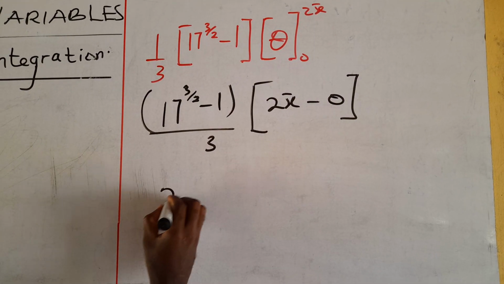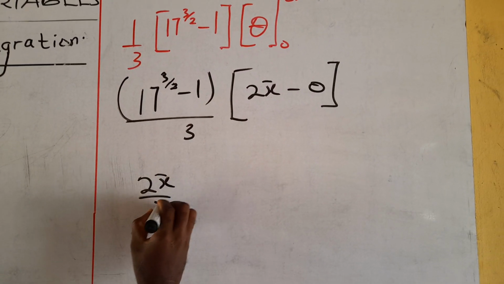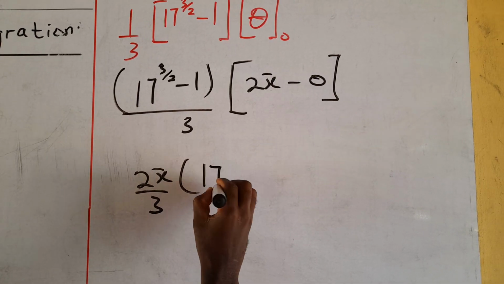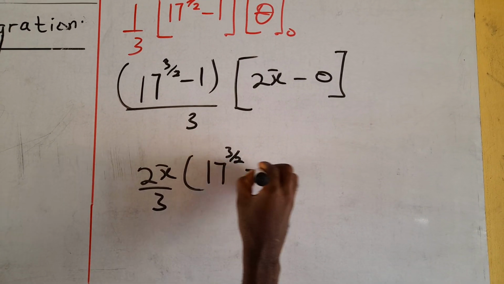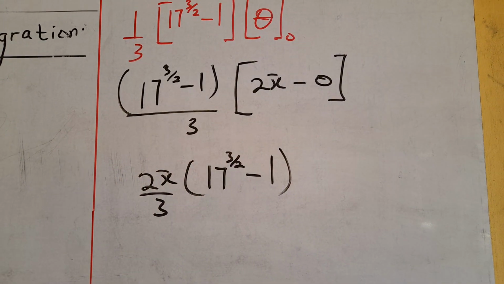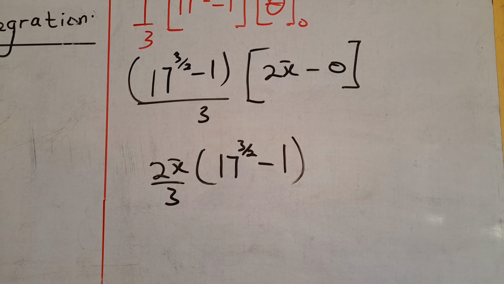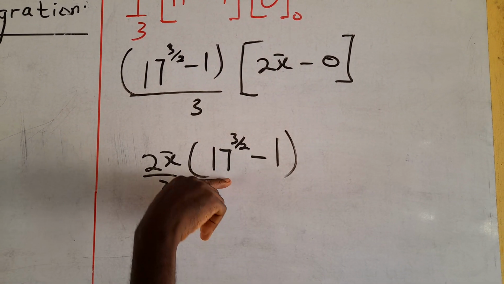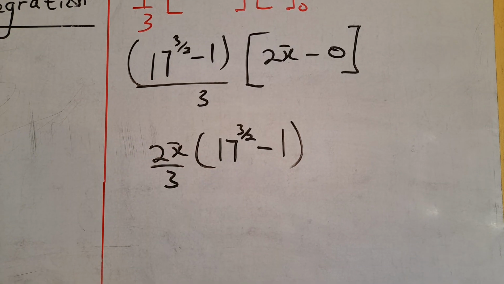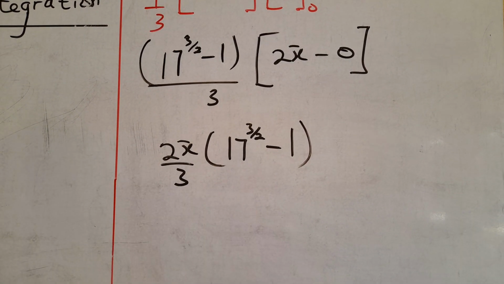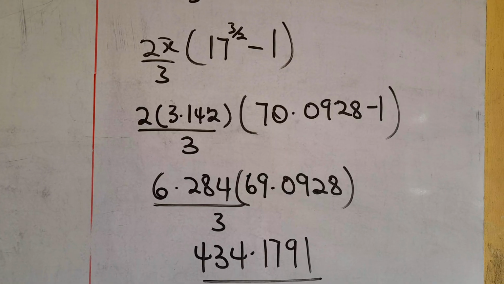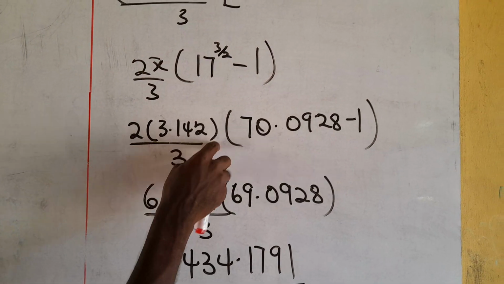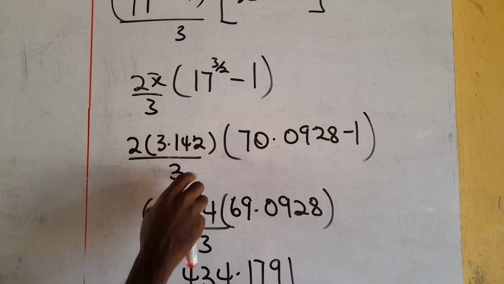So we can have 2 pi times 17 exponent 3 over 2 minus 1, all over 3. Remember, pi is 3.142. We find the value of 17 exponent 3 over 2, then we take it from there. So 2 times 3.142 over 3.